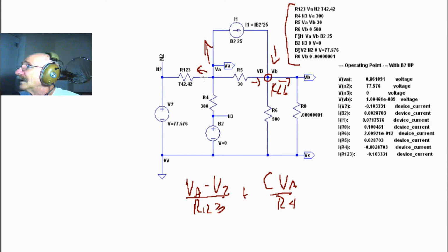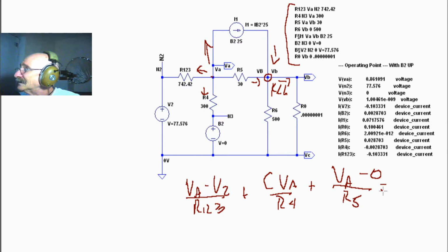So we just measured VA minus V2, or through here. And the next one will be plus VA minus VB, but VB in this case is equal to 0, divided by R5.